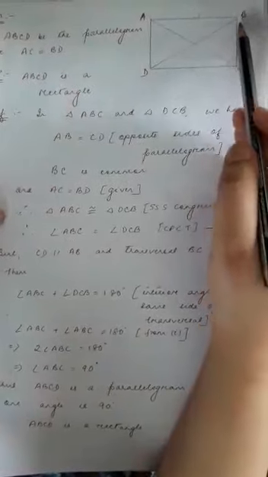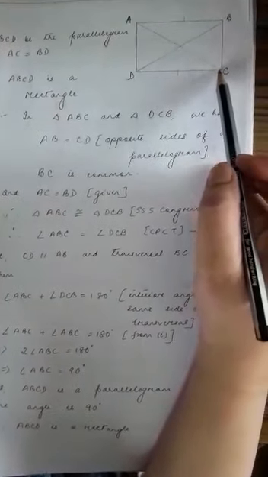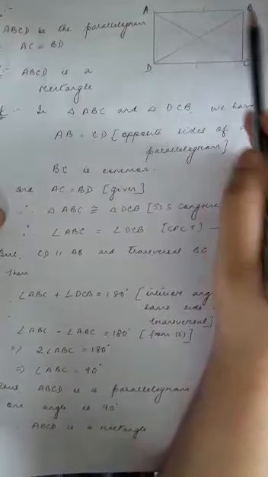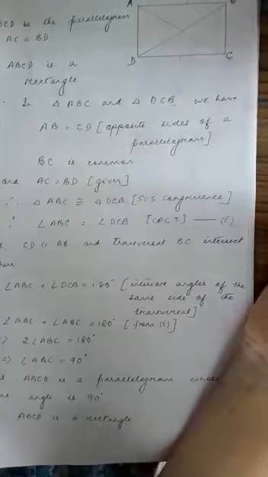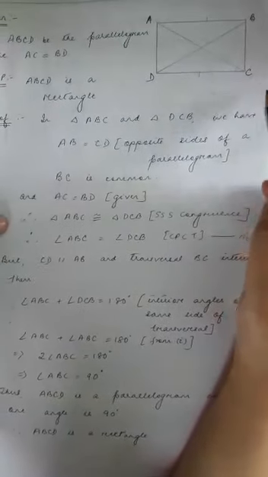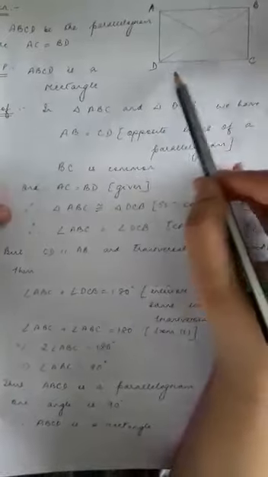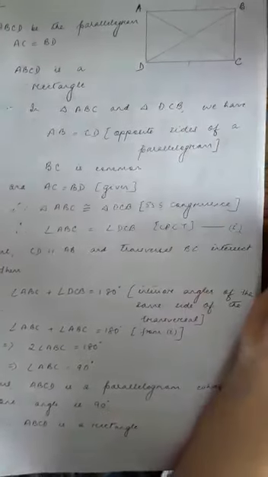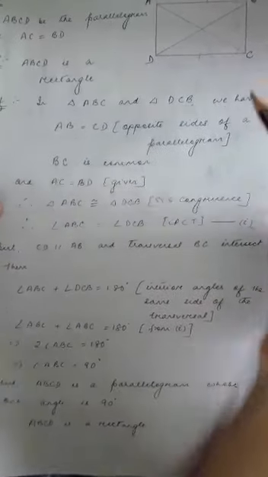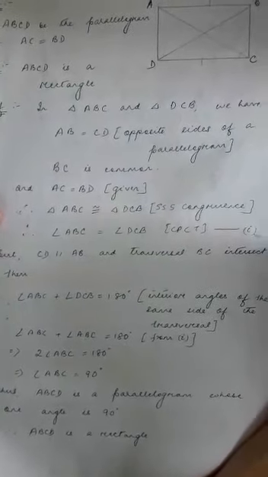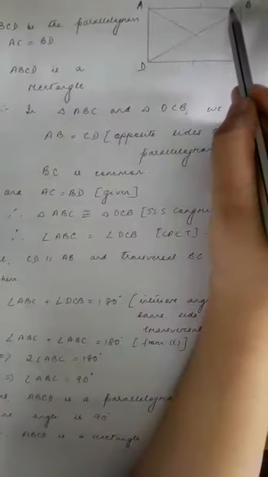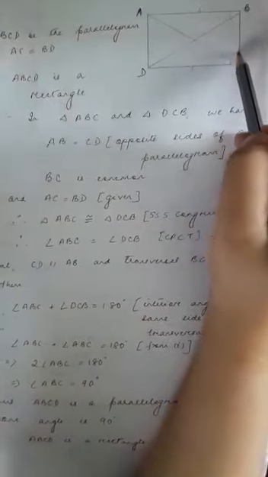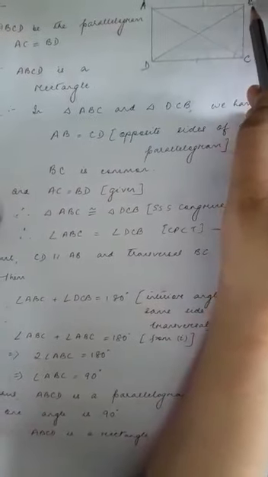But see here, CD is parallel to AB and BC is the transversal which intersects AB at B and DC at C. If this is the case, then angle ABC plus angle DCB is equal to 180 degrees, because these are the interior angles on the same side of the transversal. Here the transversal is BC.